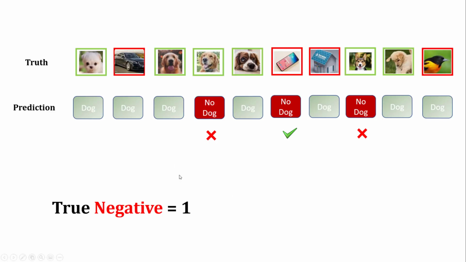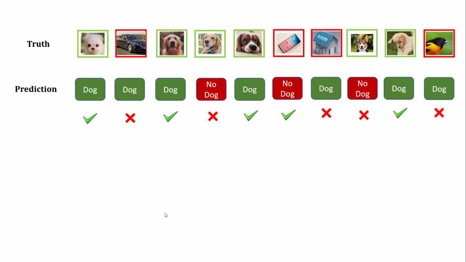The second word, negative, means your class, which is no dog, the negative class in our case. Out of these 3 predictions, only 1 was true, that's why true negative is 1. And false negative is 2. Basically, out of our 3 negative predictions, 2 are false.